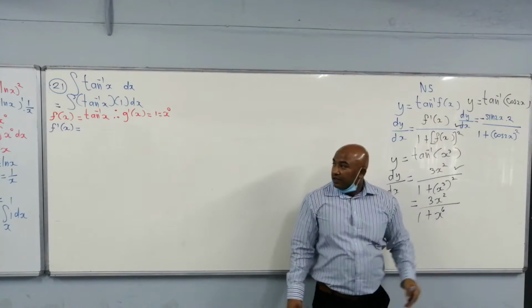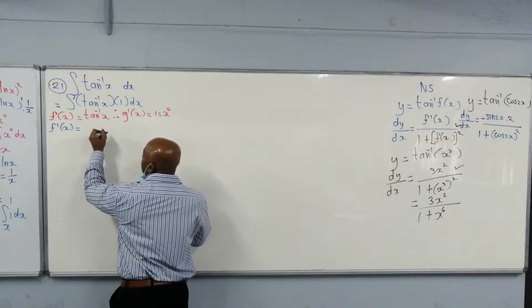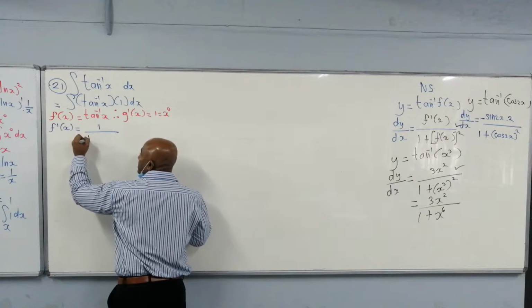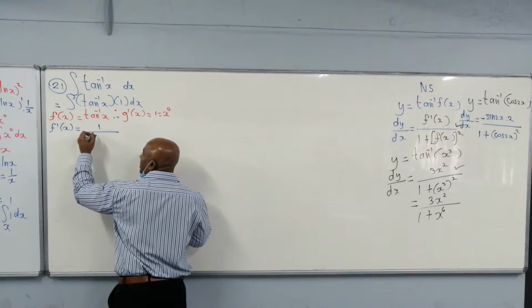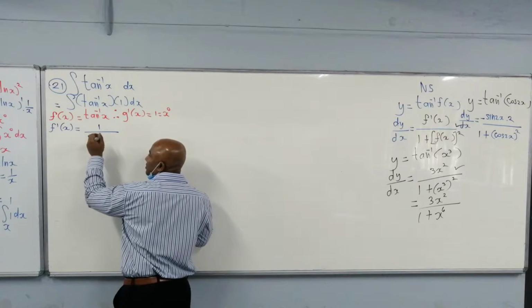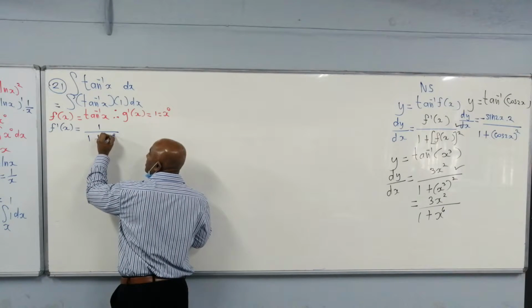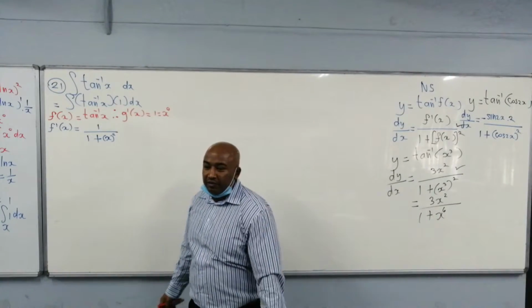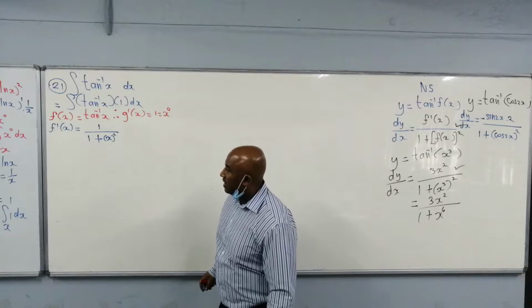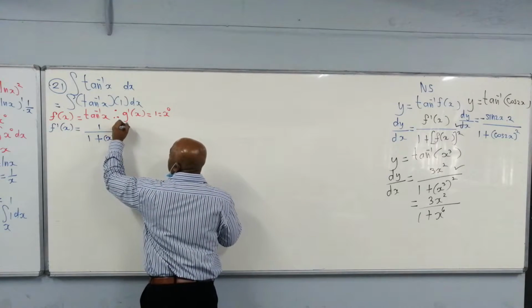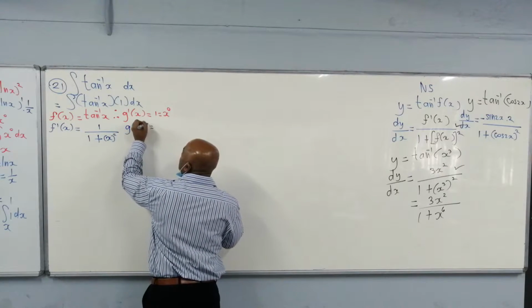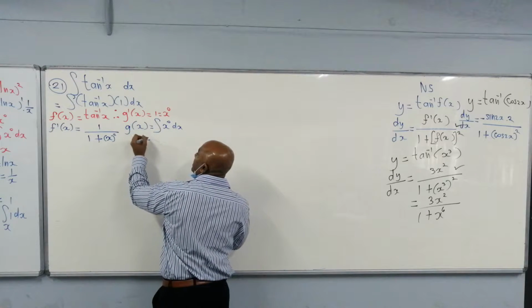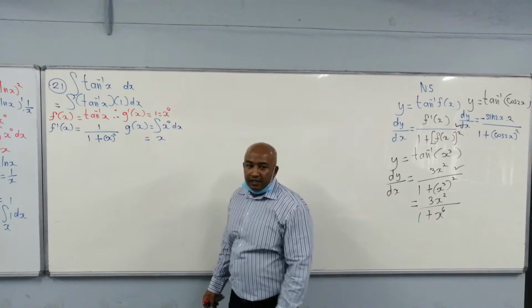What is the derivative of x? It's 1, over 1 plus f of x, which is x squared. That is exactly how you use the formula for differentiating inverse tan. So therefore, my g of x, I need to integrate 1, or integrate x to the power 0, which is just going to be x.